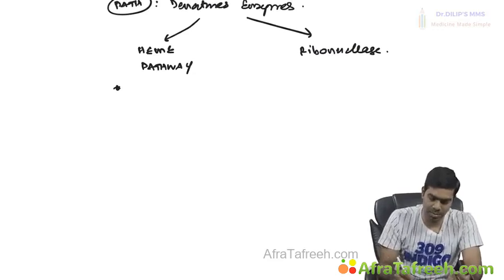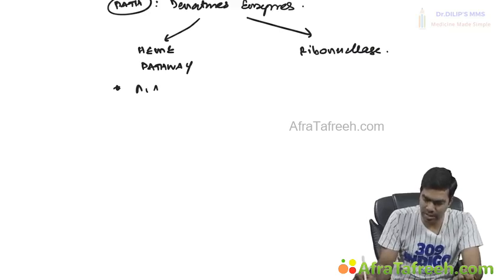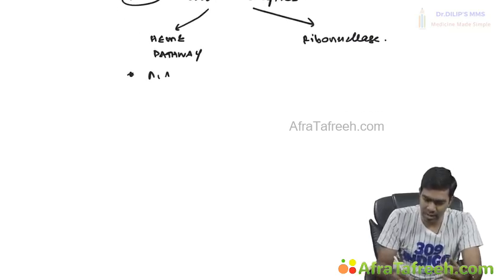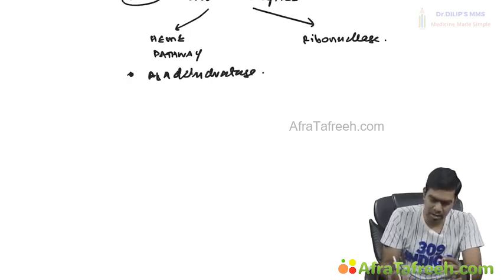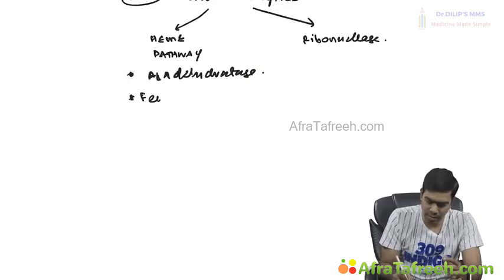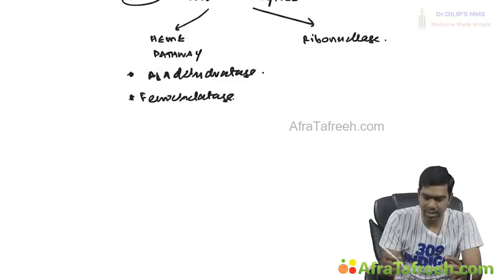So if you ask me about the heme pathway, two enzymes are classically denatured. First is your ALA dehydratase, and second one you have something called a ferrochelatase. These are the two classic enzymes that are denatured.